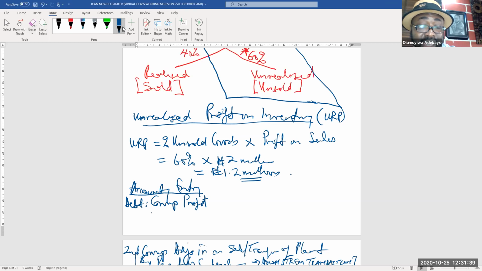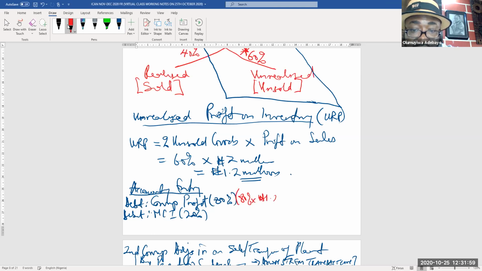The parent and the NCI, which means the parent will only be affected to the tune of 80%, while the NCI will be affected to the tune of 20%. Which means 80% of that 1.2 million is what affects the parent, while 20% of that 1.2 million is what affects the NCI. How much is that, please?